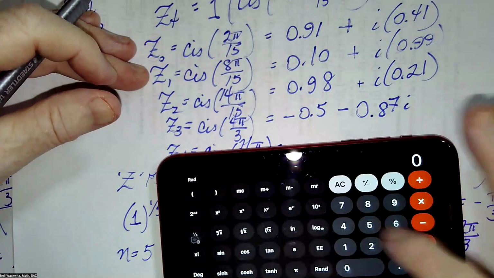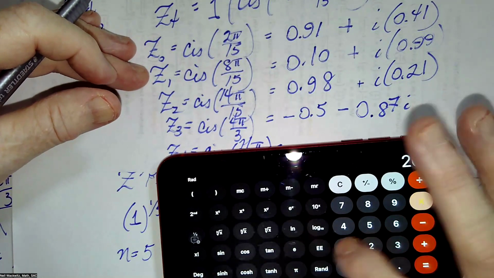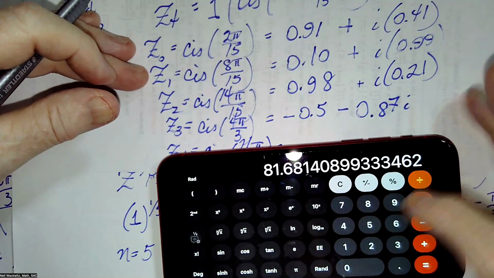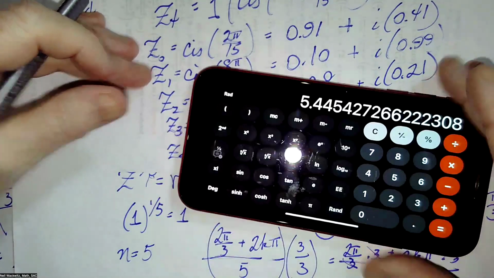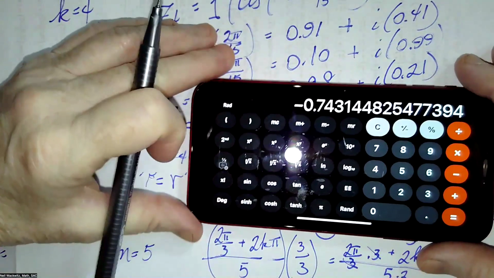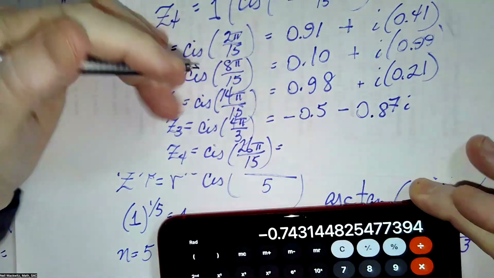Then we have 26 times pi divided by 15 equals, there we go. Sine is negative 0.74.